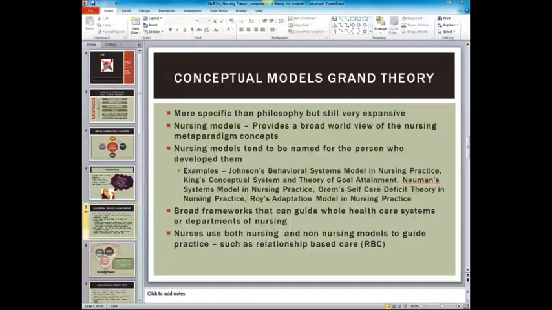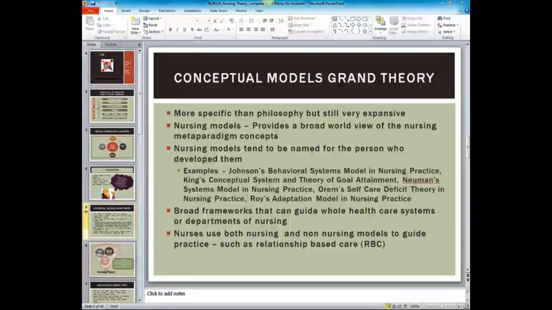Orem's self-care deficit theory in nursing practice, and you'll see Orem's name flopped back and forth between conceptual models, theories, because her model is actually broken down into smaller theories. And understanding when we're talking about this structure of nursing knowledge, that the lines are fuzzy.